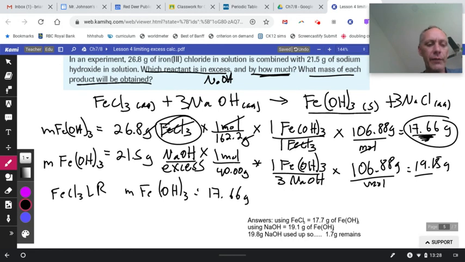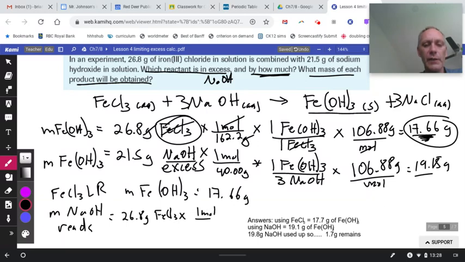Let's go back and figure it out. The mass of NaOH that reacts, start with the limiting reagent because we know that it's all used up. So 26.8 grams of FeCl3 times its molar mass.